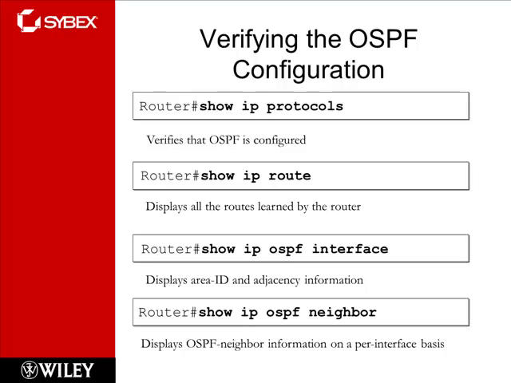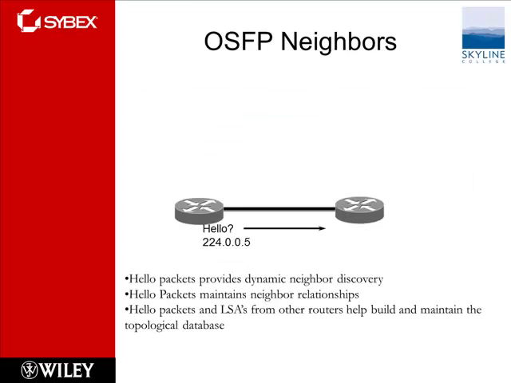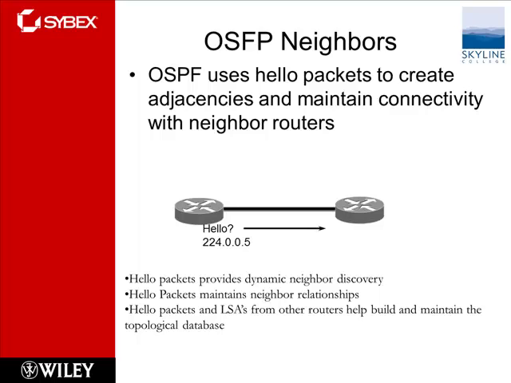The router ID command is the safe way to do that, so you configure the router IDs when you start. That way they'll never change with the IP addresses or anything else. But that's one of the issues: you can make a change today and it doesn't really take effect until next year when something changes. This one uses hello packets to create adjacencies and maintain connectivity with neighbors.